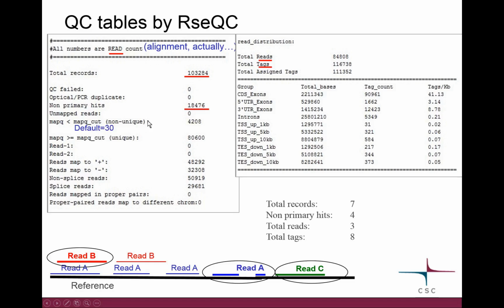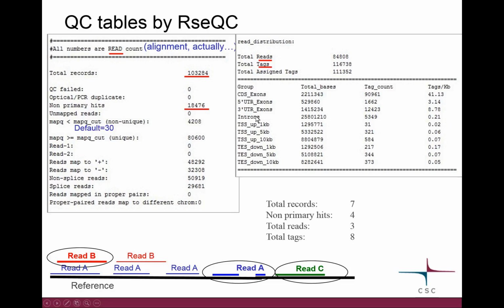Then the file continues, and you have here total reads and total tags, and then numbers for how these reads and alignments are divided into different locations in the genome, so whether they are in the exon area or in the intron or so on.